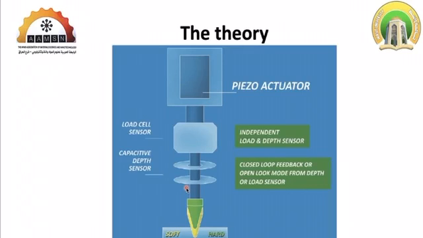Any change in their position means a change in the capacity of the air between them, and this raw data can be converted to distance with nanoscale accuracy.